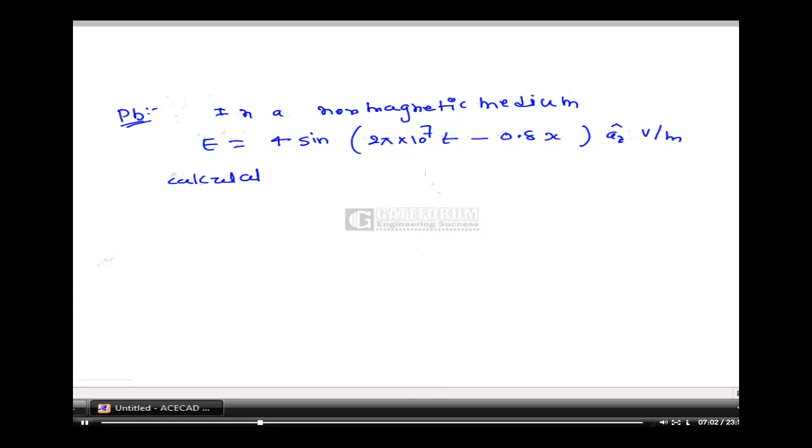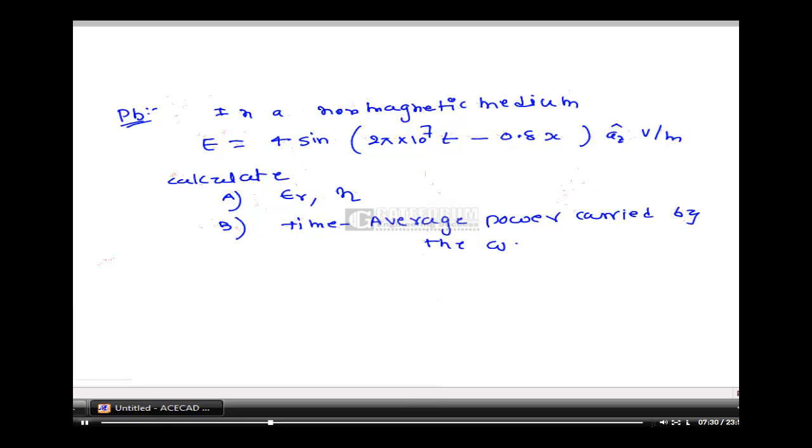Calculate, first, epsilon r and eta. The second question is the time average power carried by the wave.